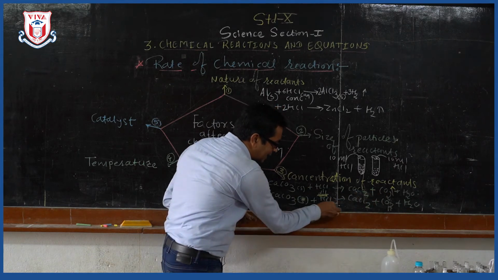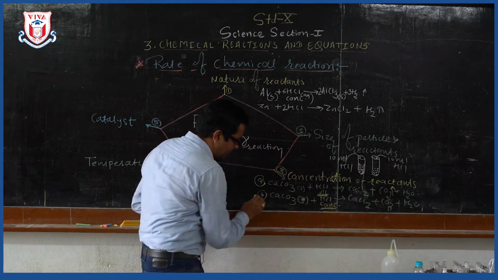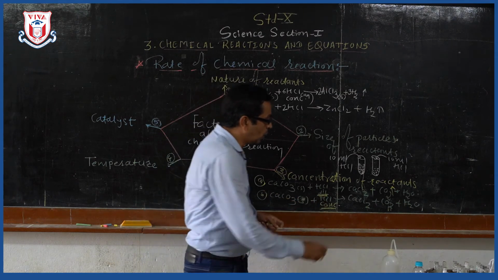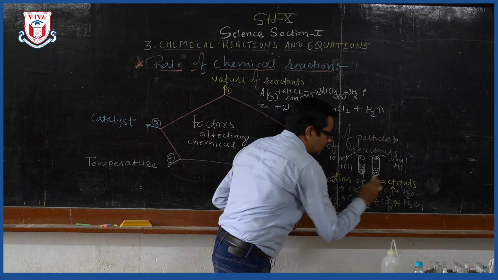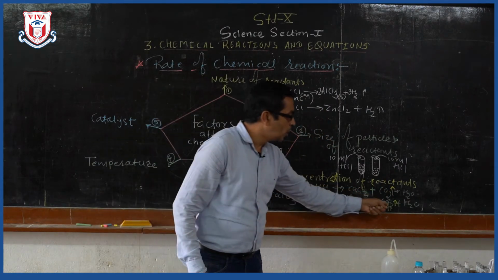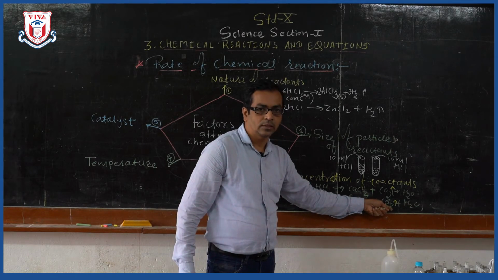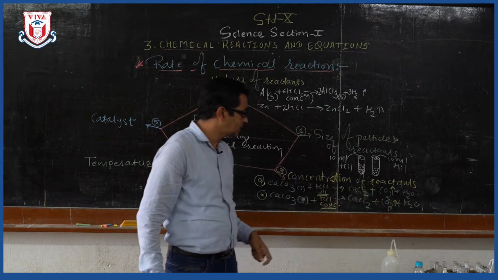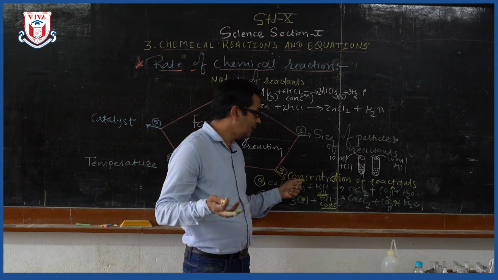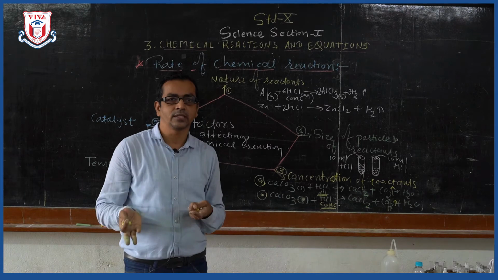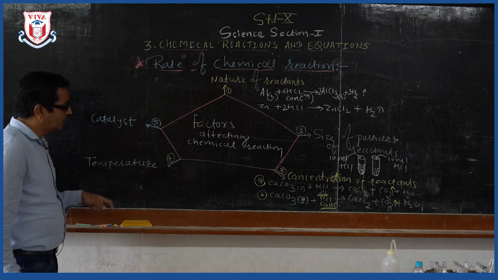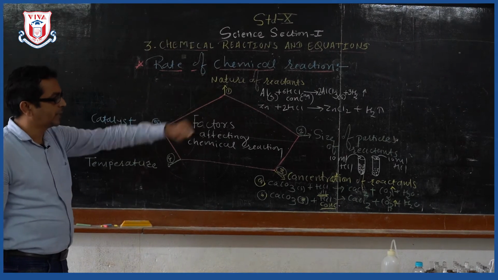But in the second example, I took concentrated hydrochloric acid, so the rate of reaction is faster, and in a small span of time I am getting more carbon dioxide. So from these two examples, it is observed that as the concentration is more, the rate of reaction will be faster.